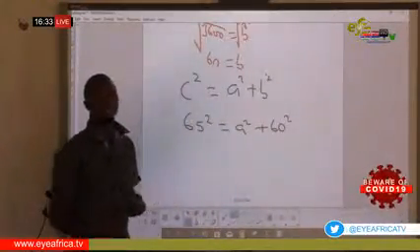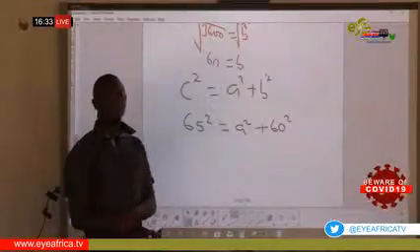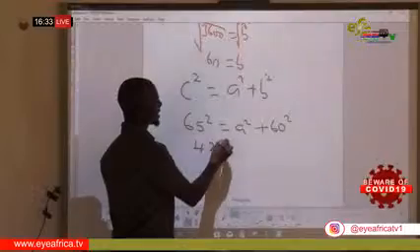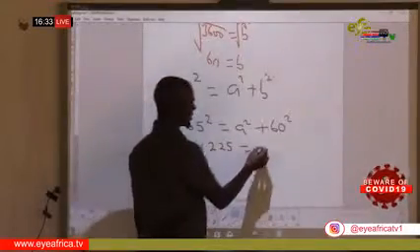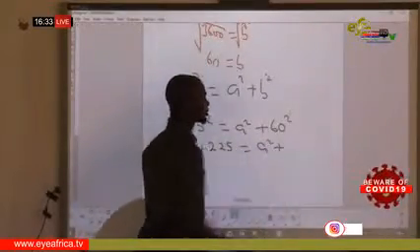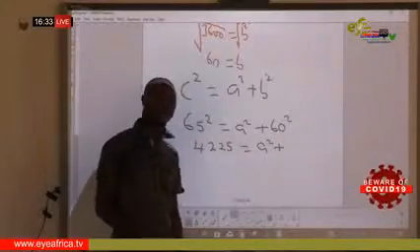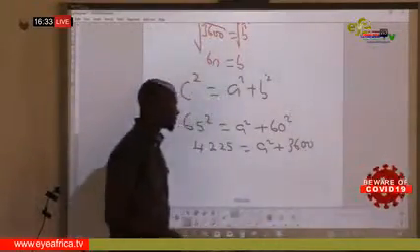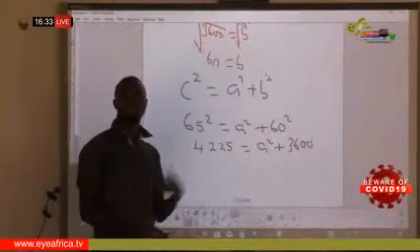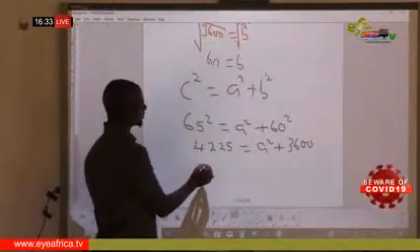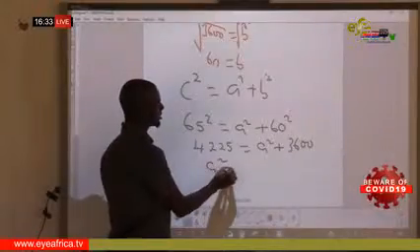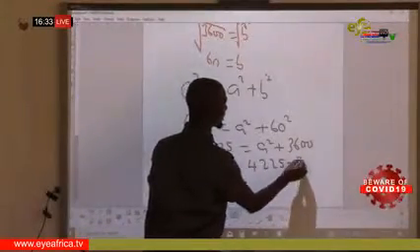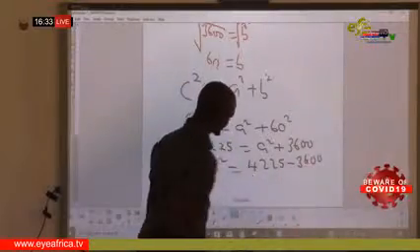If we find the 65 square, we will have 4,225, which is equals to A square plus 60 square, which is 3,600. Then we transpose it, we will have A square is equals to 4,225 minus 3,600.